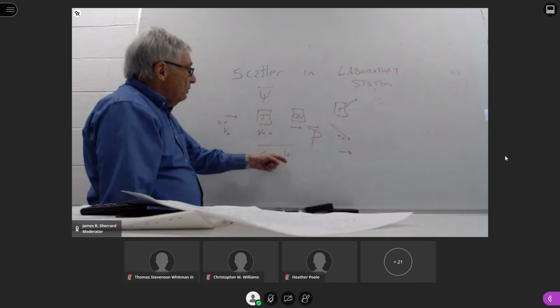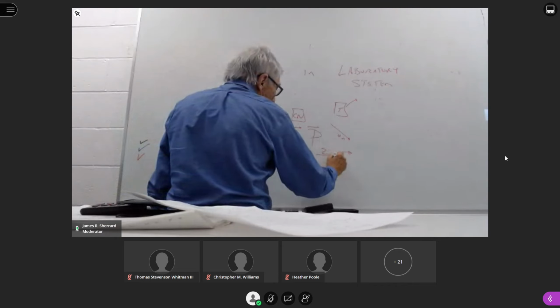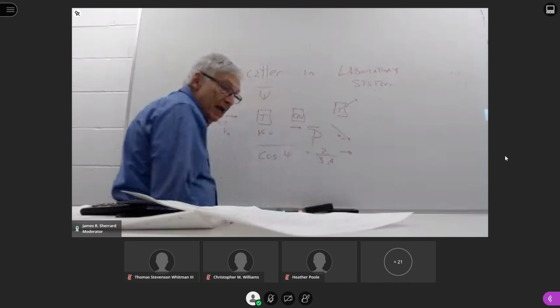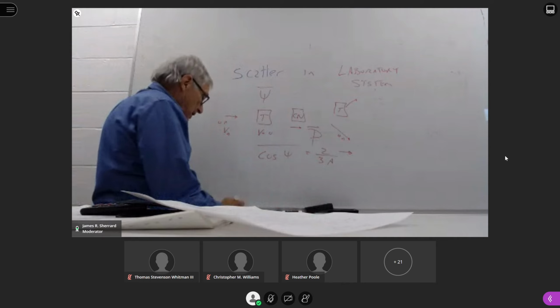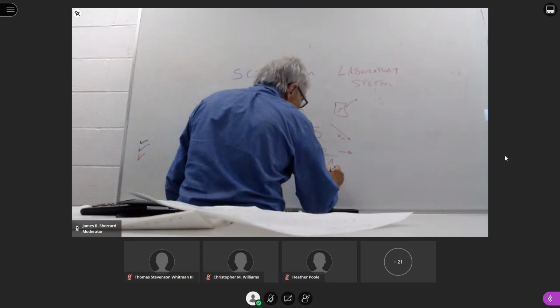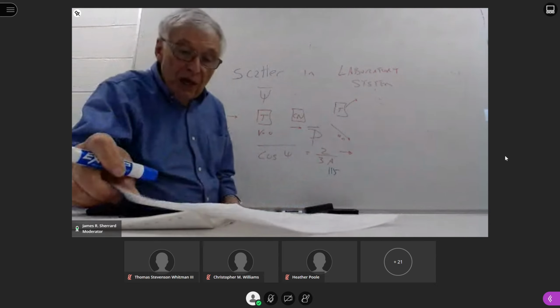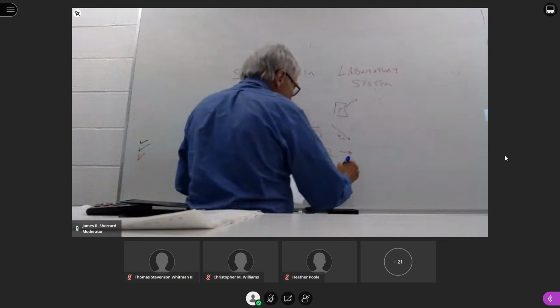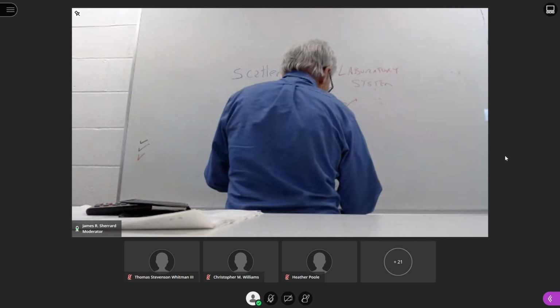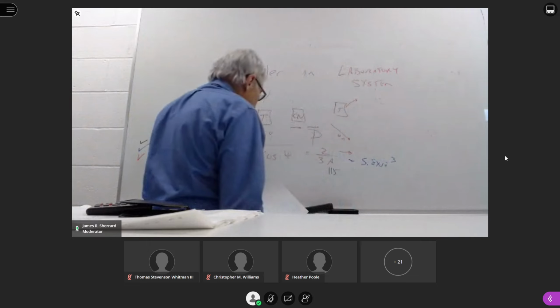When they did the math on that, the average value of the cosine of scattering in the laboratory system turned out to be 2 over 3A. In this particular case, our indium was 115. So that average value came out to be 5.8 times 10 to the minus 3.